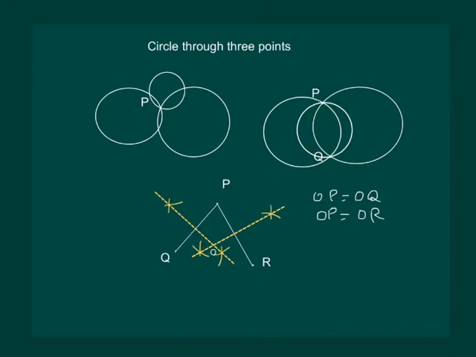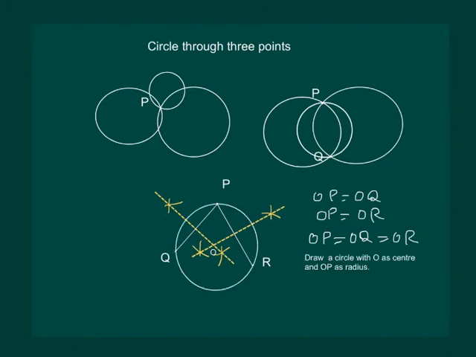That means we have OP equal to OQ equal to OR. So we can take OP as the radius and draw a circle with O as center. We finally get a circle which passes through points P, Q and R.